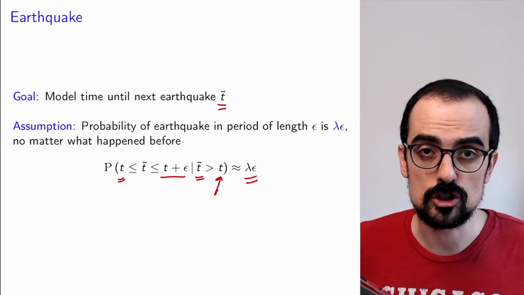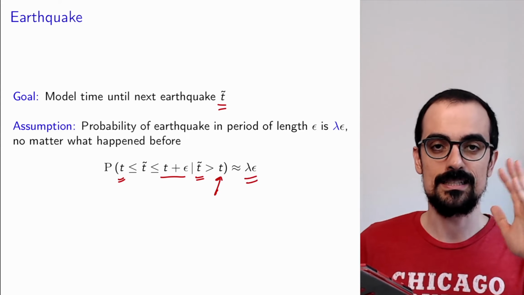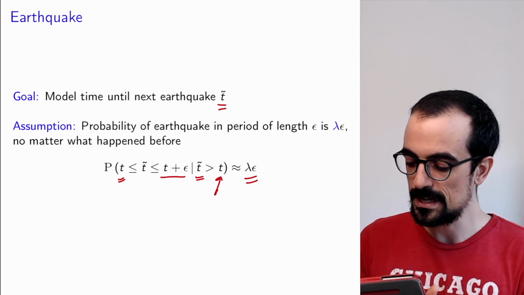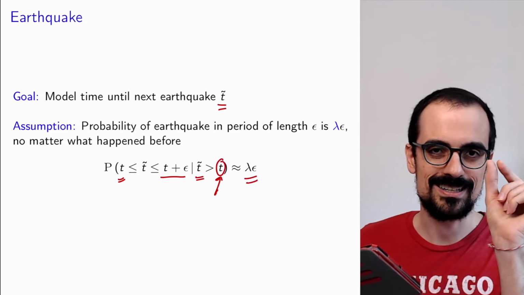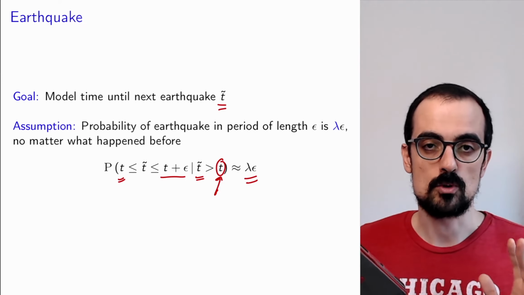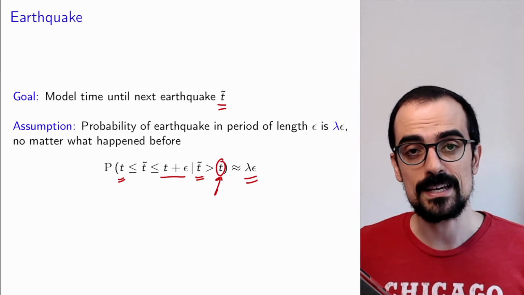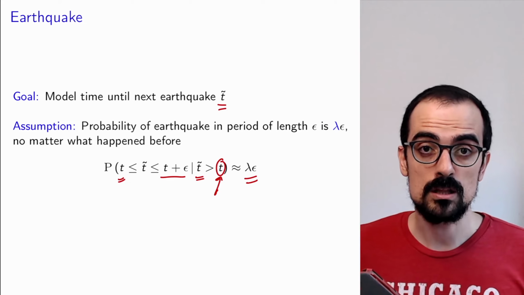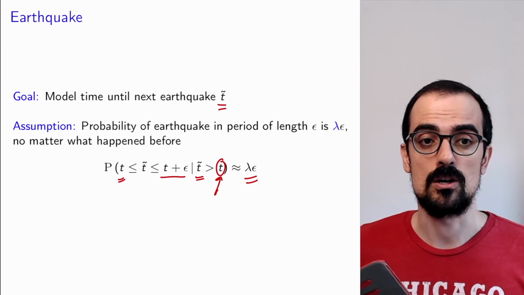This is a conditional probability which captures this idea that nothing has happened until this time, and now we look at an interval of length epsilon right after that time. This is more mathematically the assumption that we're making in order to derive a probabilistic model for the time of arrival of this earthquake.